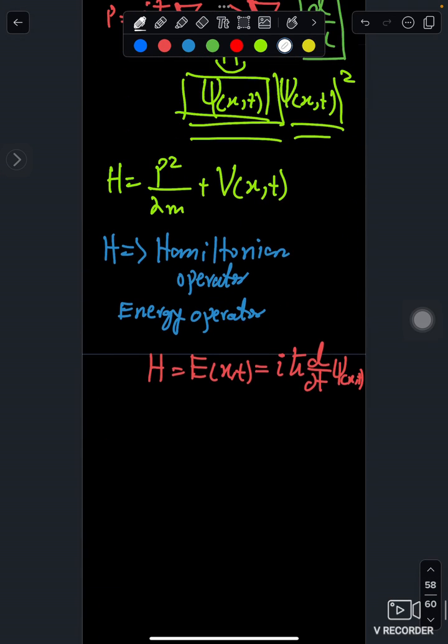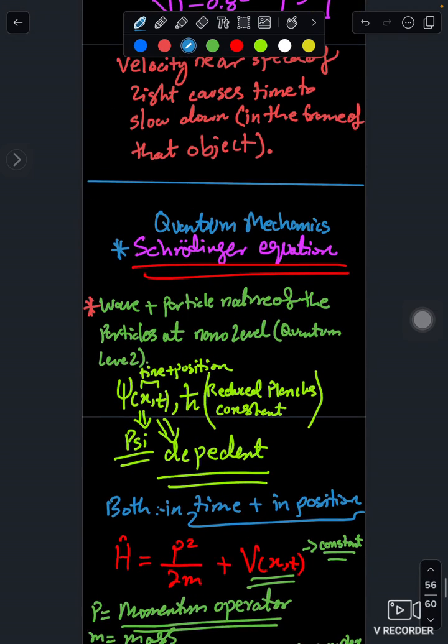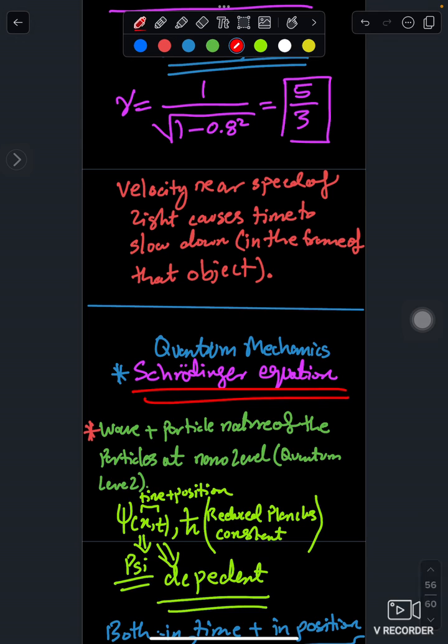Then further on, what else do we know about the momentum equation? It was actually made by Erwin Schrödinger.